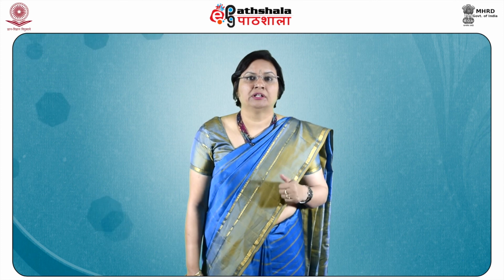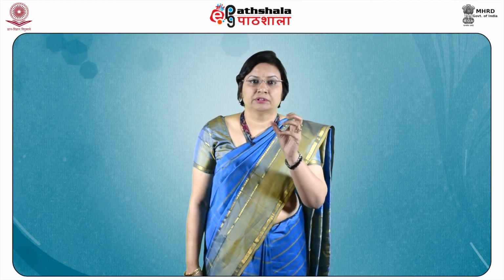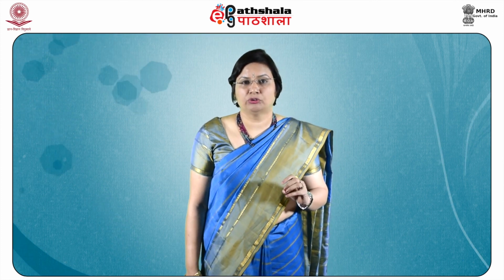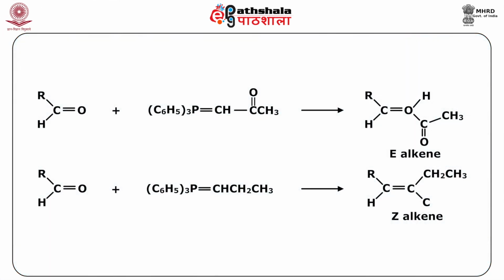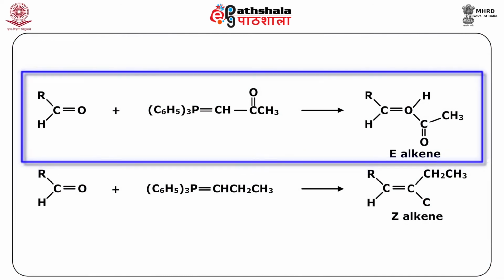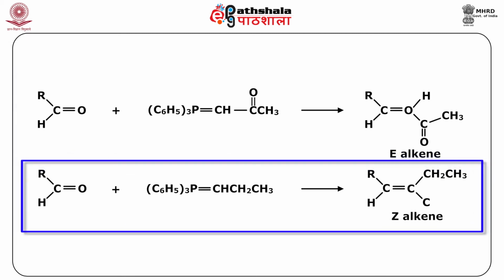And let me recap the stereochemistry part of the Wittig reaction also, which is very important. The Wittig reaction stereoselectivity depends upon the structure of the ylide. The stabilized ylides produce primarily E isomers, and the unstabilized ylides will give you Z isomers, as you can see in these two particular cases.